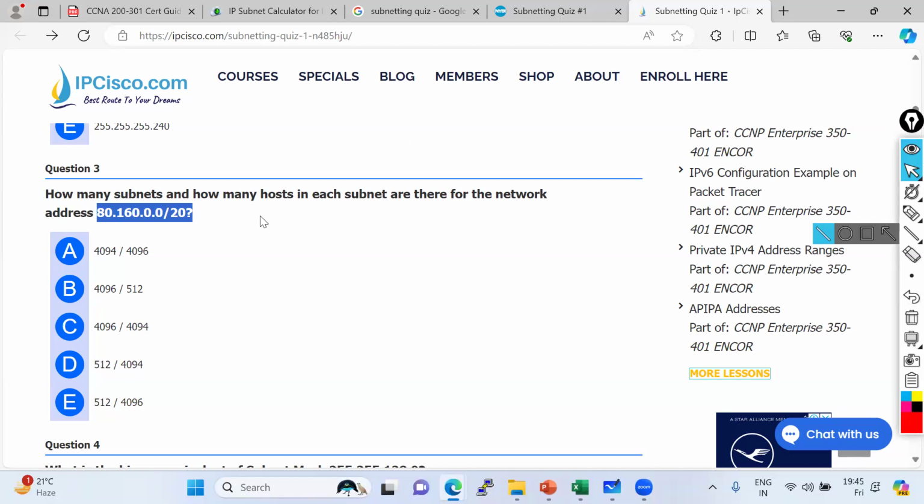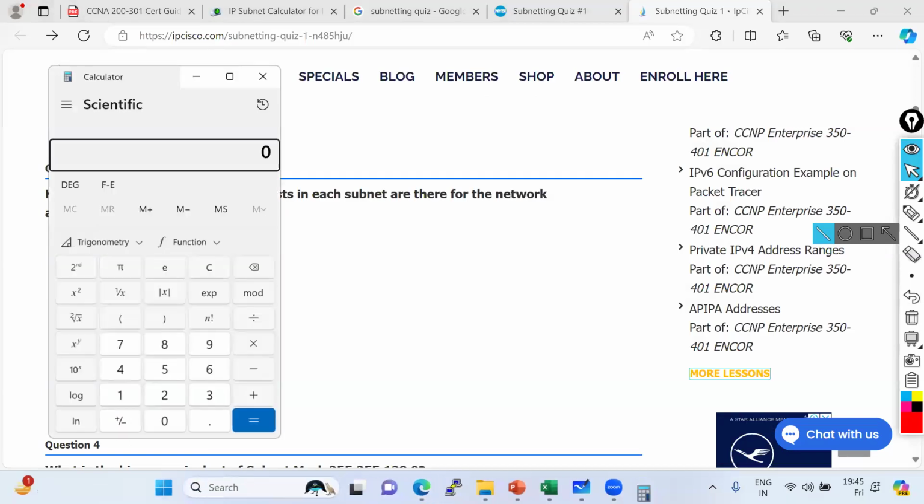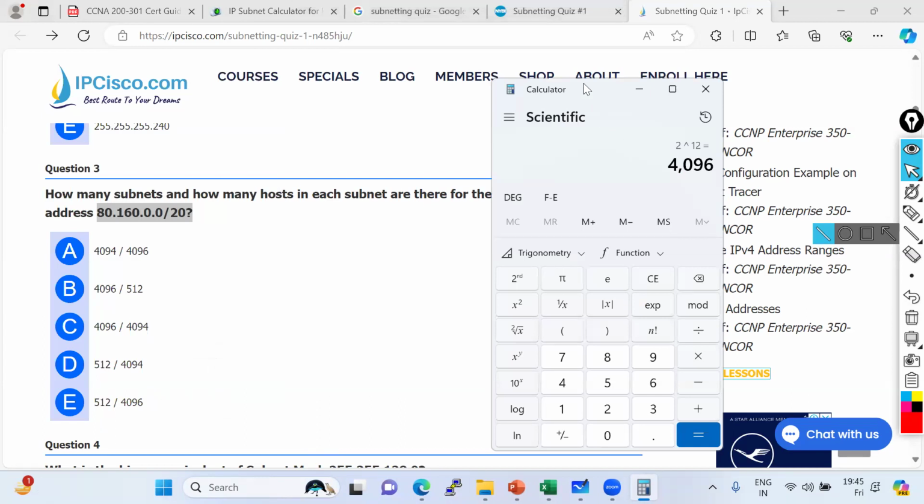Oh, that's the host. The host is 2 raised to power 12. Okay, let me calculate. 2 raised to power 12 is 4096. How did you find that?